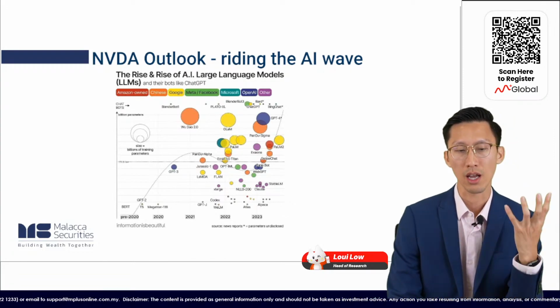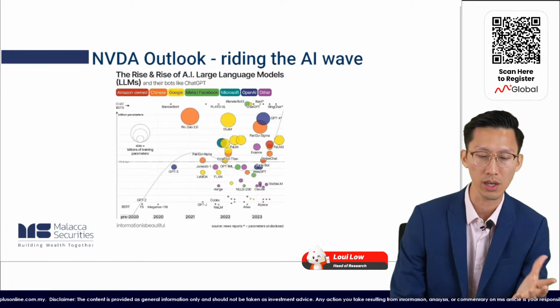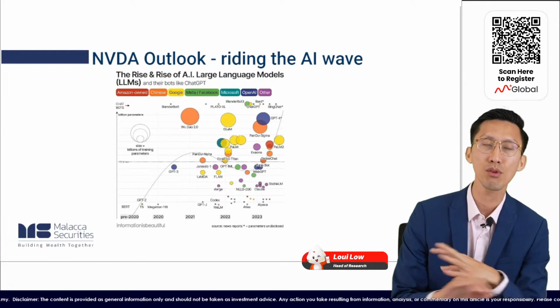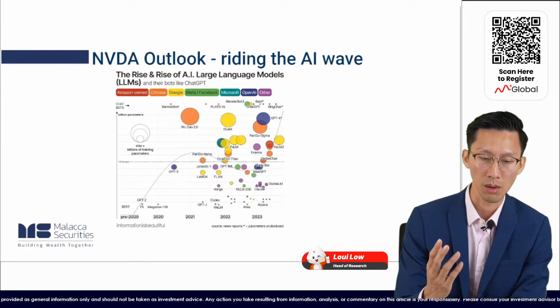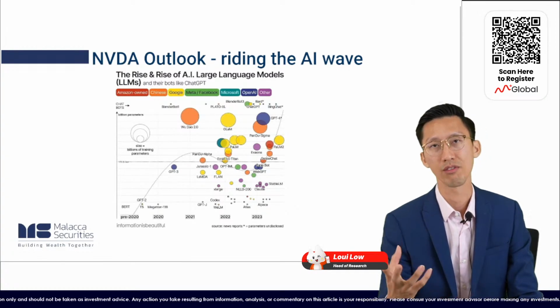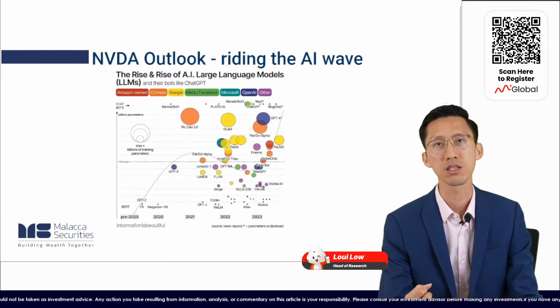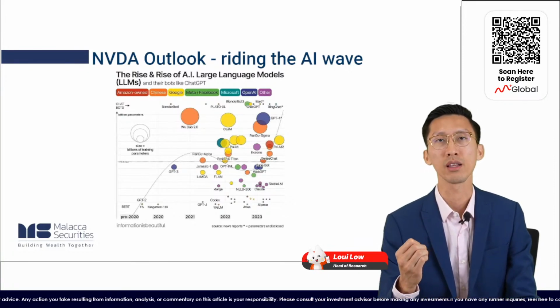So the rise of AI large language models has come so fast, so quick recently that everyone can actually use their own tool to build all these large language models. So basically, the AI wave is already hitting us, and this wave may last longer than the crypto wave.